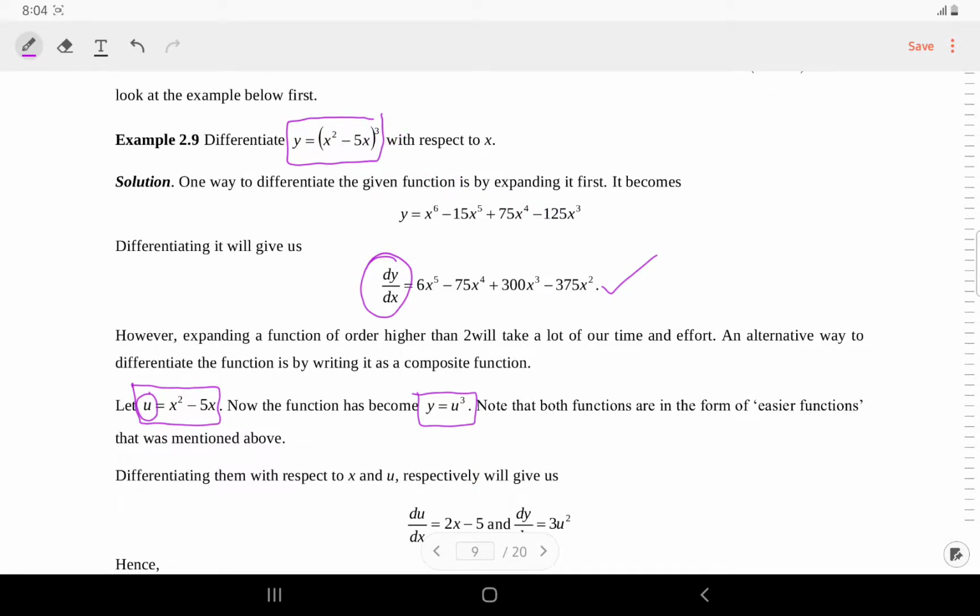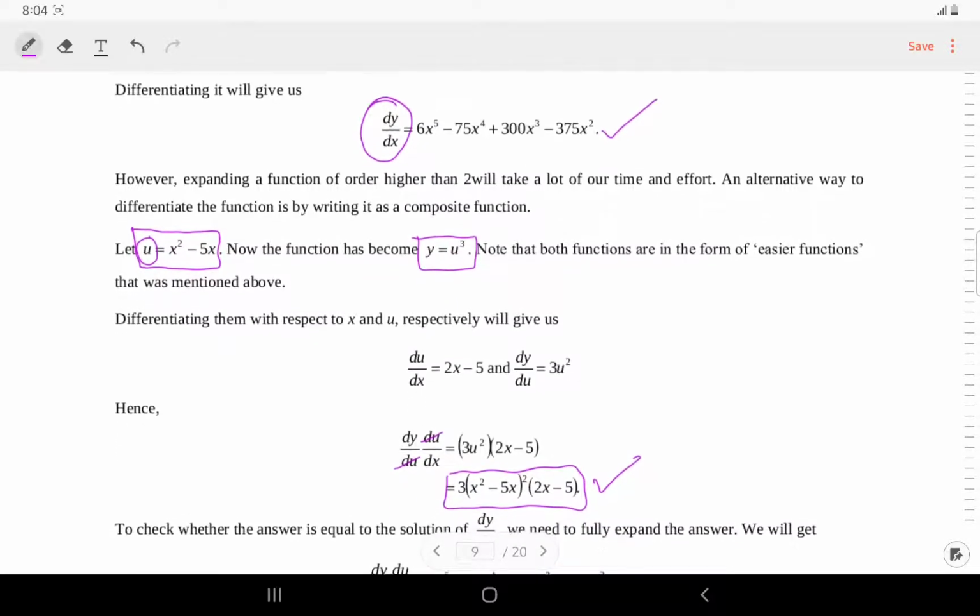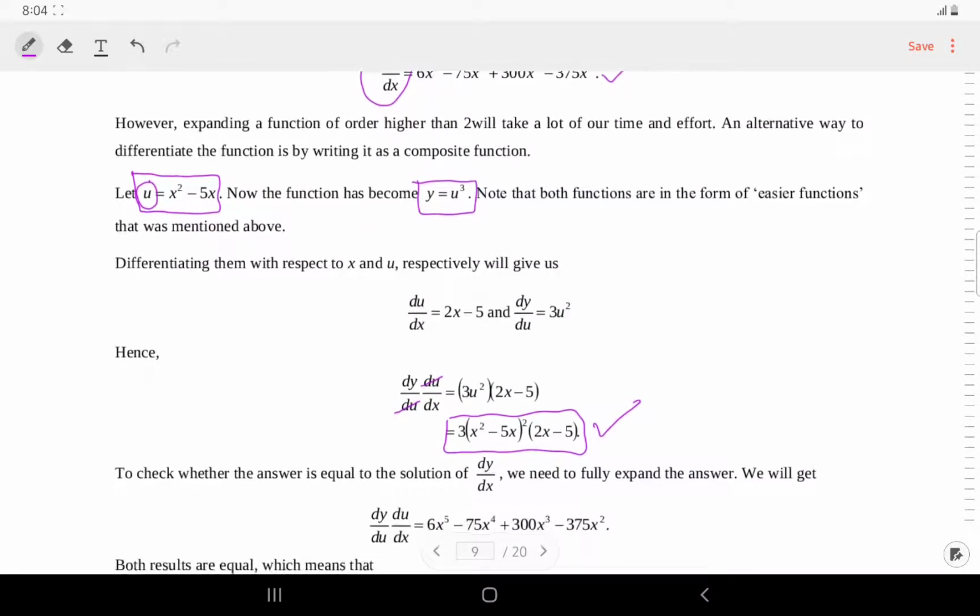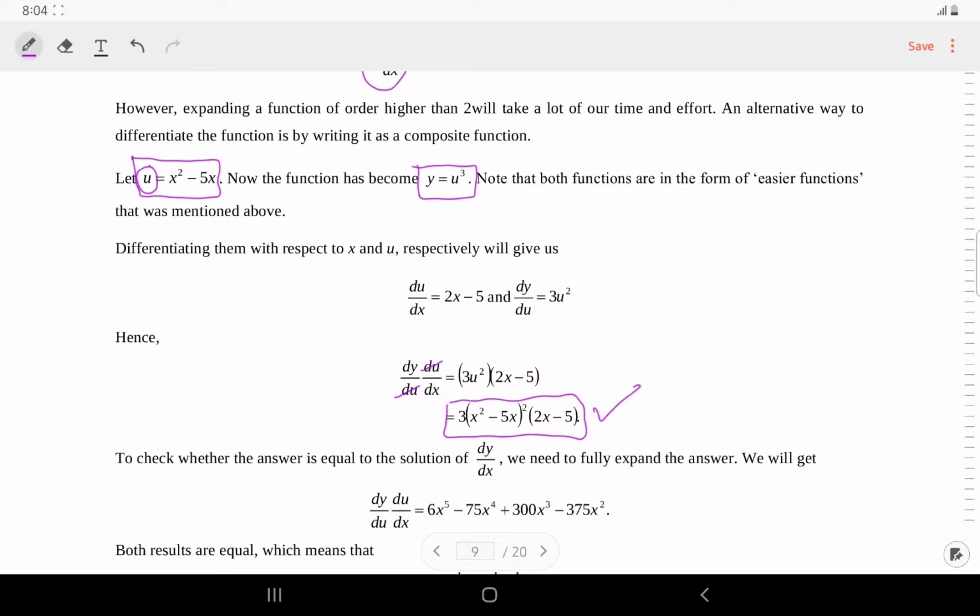Another one is using the chain rule. You can take a look at this solution. The solution is not long, it is short. We need to do some assumption, then differentiate each of the functions and then multiply. So this is the answer we get from using the chain rule. The answer is actually the same.